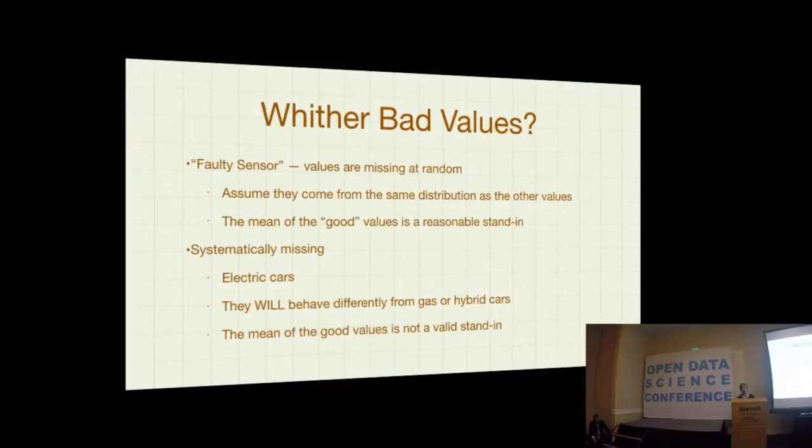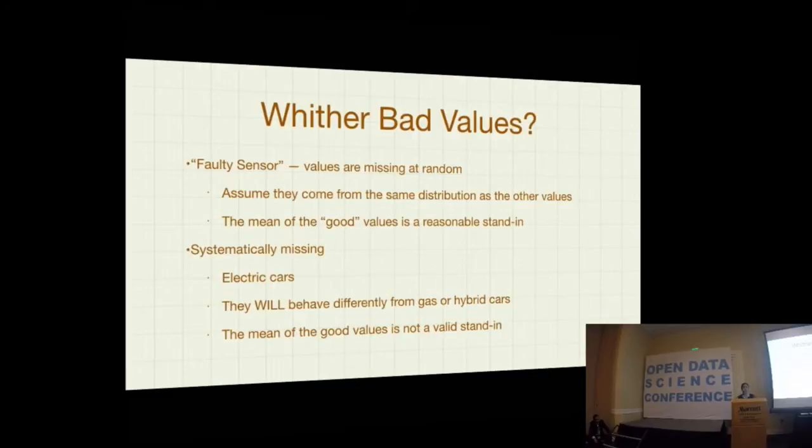Well, before we talk about how you deal with them, let's talk about where bad values actually come from. There are basically two kinds of bad values in numerical variables. You can have missing variables that come from what I call a faulty sensor situation. That is, values that are simply missing at random. For example, that could just be because whatever's taking the measurement just failed for no reason, or just one day people failed to collect the data.